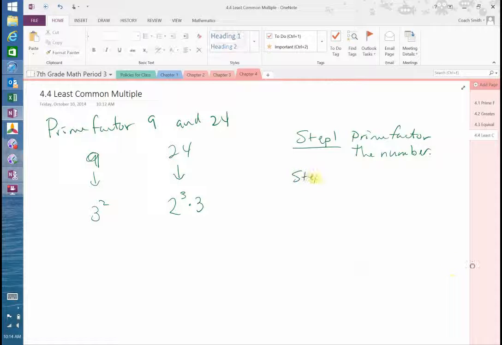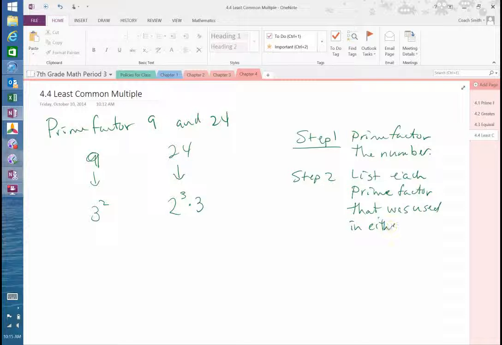Step 2, list each prime factor that was used in either prime factorization.